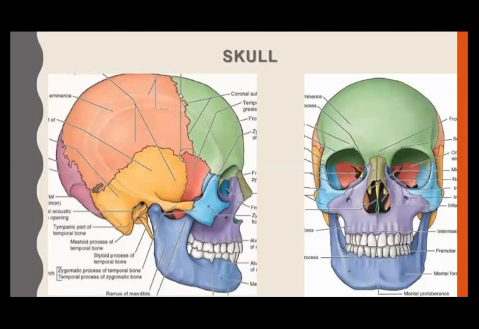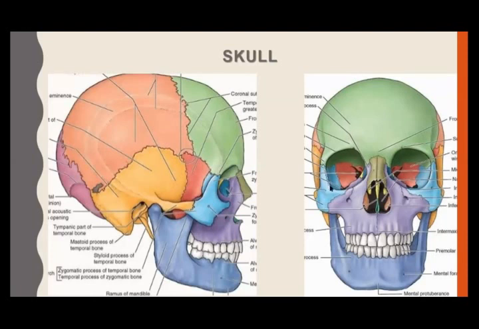So the green is the frontal bone. Okay, this is what we determined. We also said that the border of the orbit is made by the frontal bone. Its lateral border is made at the top by the frontal bone. Lower down, the lower two-thirds is made by the zygomatic bone.